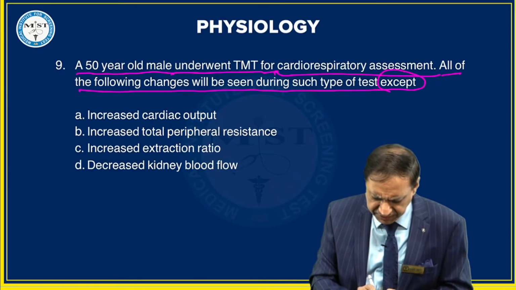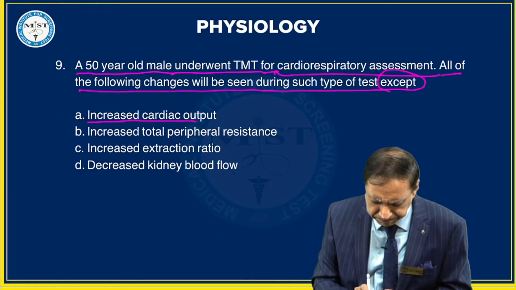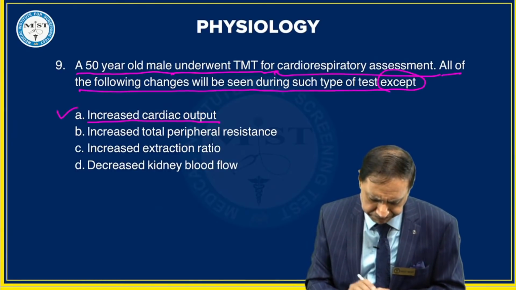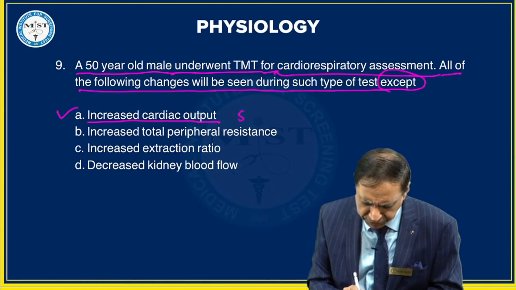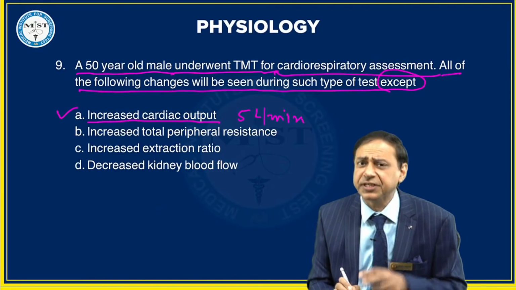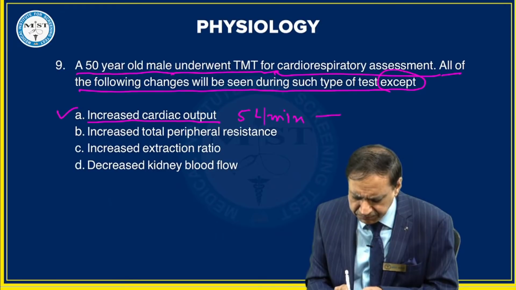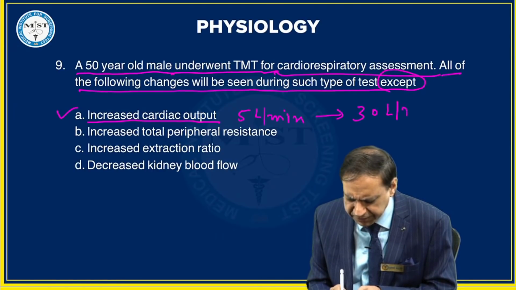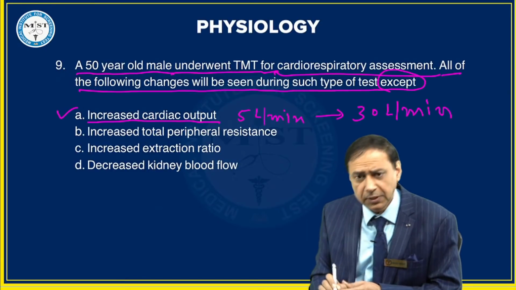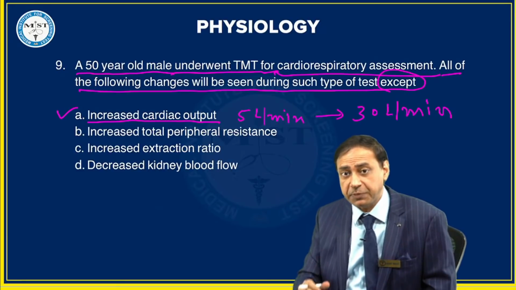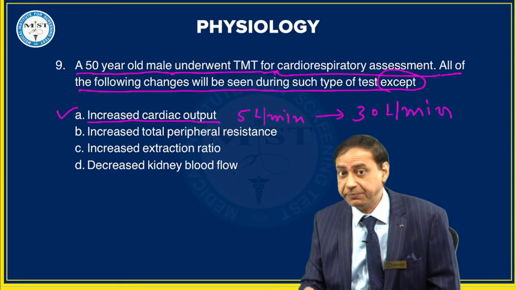Increased cardiac output. Fine. Normal cardiac output is 5 liters per minute, 5.4 liters per minute. It will be increased and it can go up to 30 liters per minute, 35, 40, maybe up to 45 liters per minute in a well-trained marathon runner.